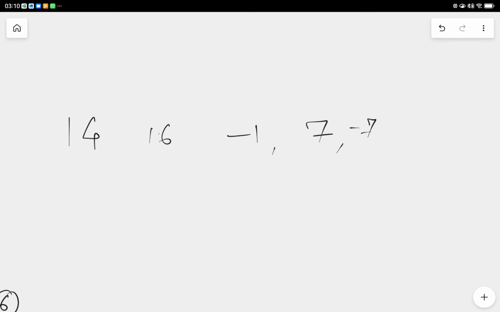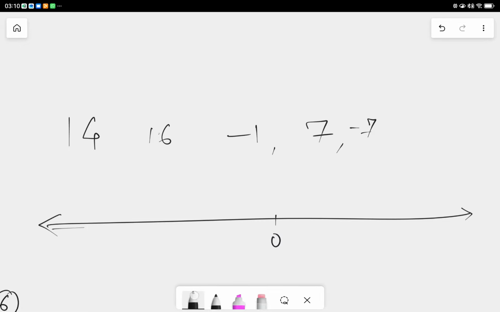Arrange these on the number line. So what you will do, you will make a number line. Try to do it yourself, pause the video, try to do it yourself. If you can figure it out, that's great. If you cannot, I'll show you. 0, then comes -1 somewhere here, then comes -7 somewhere here, and then comes 7, 14, and somewhere here it will be 16.